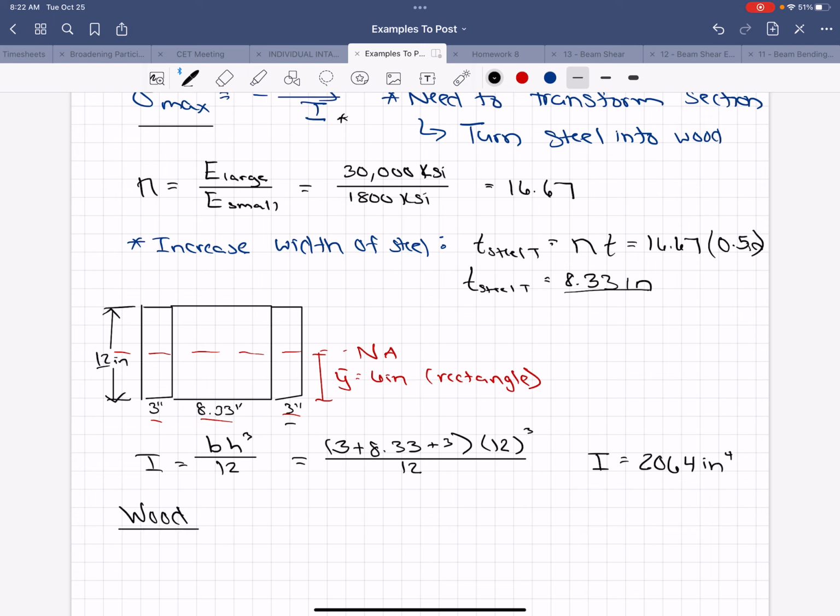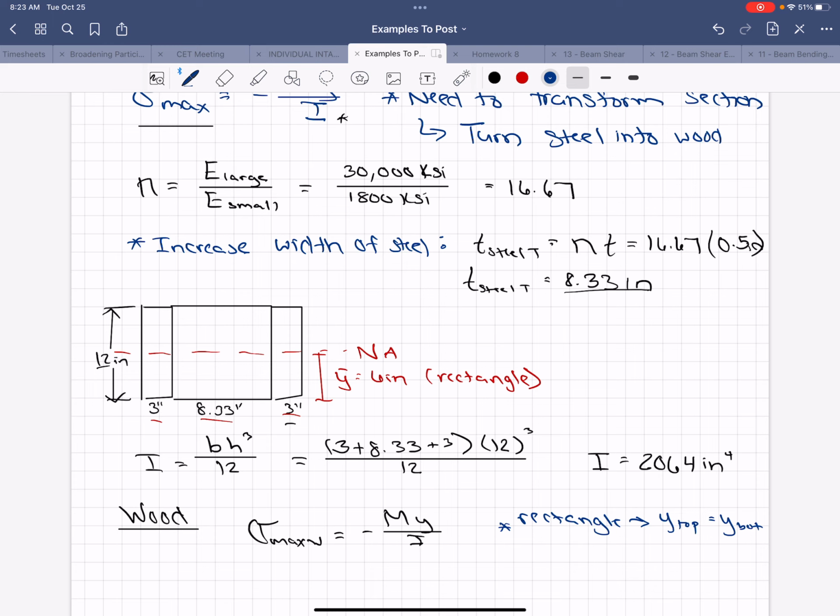We did not transform the wood, so sigma max of the wood equals negative My over I. Since it's a rectangle, that means that y top equals y bottom.